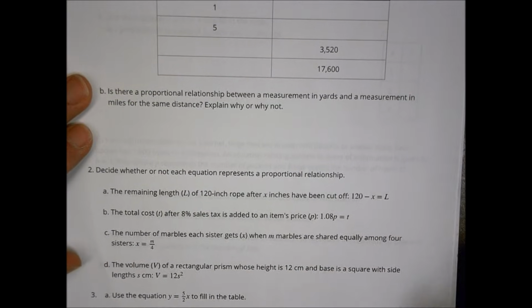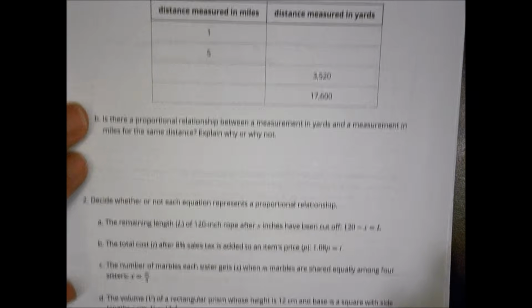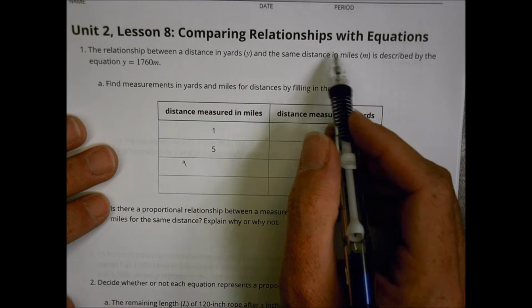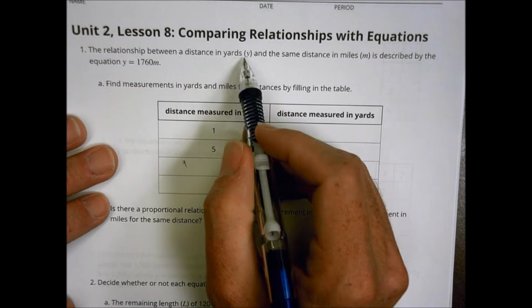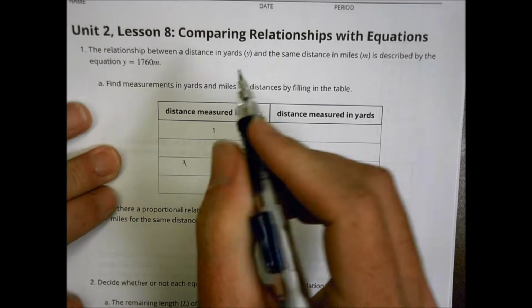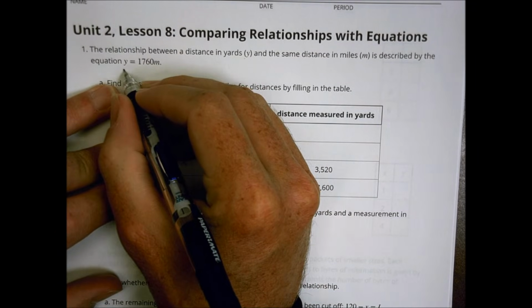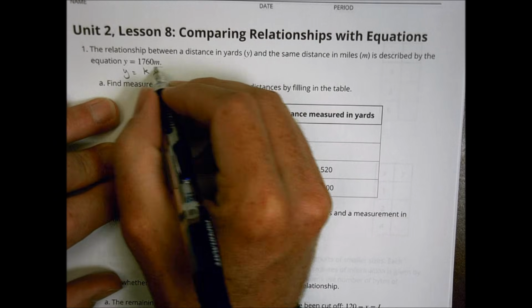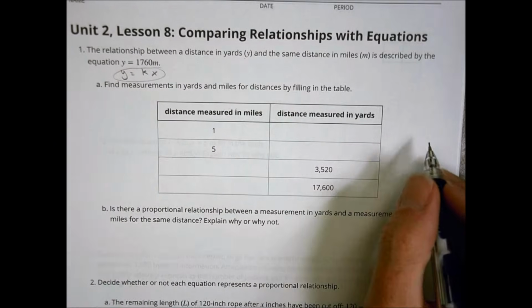All right, for the homework today, we have, first of all, a relationship between distance in yards and the same distance in miles described by y equals 1760 m. Notice this looks a lot like a y equals kx type of equation, doesn't it? So most likely we're going to have a proportional relationship.